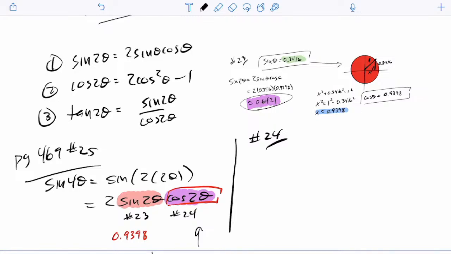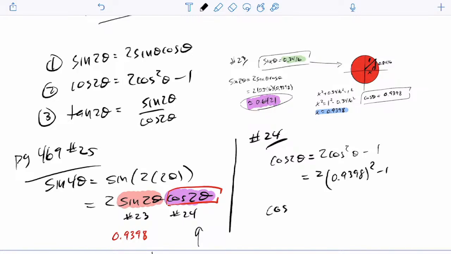So for 24, we solved 23. And we got this information here. It's all tiny, but there it is. And 24, they want the cos of 2 theta. So if I want the cos of 2 theta, I know that that's equal to 2 cos squared theta minus 1. So that's going to equal 2 times, I've got the cos of theta as 0.9398 squared minus 1.